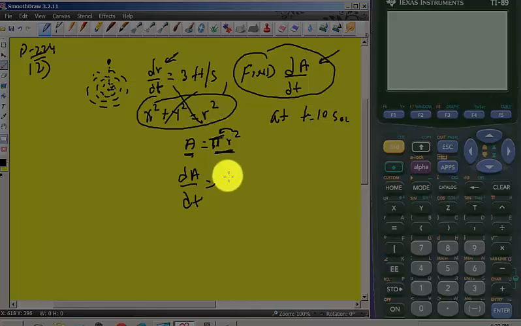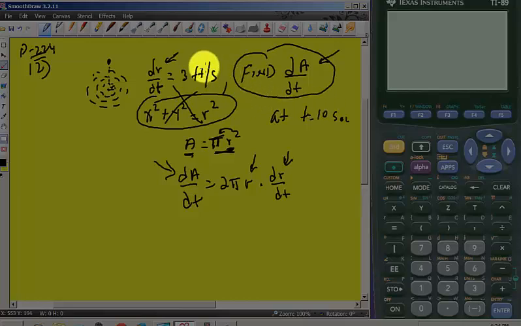So the 2 gives me 2 pi times r, times the derivative of r, using the chain rule, which is dr/dt. I have this, I'm good there, but I have a problem, which is r. I don't know what that is.